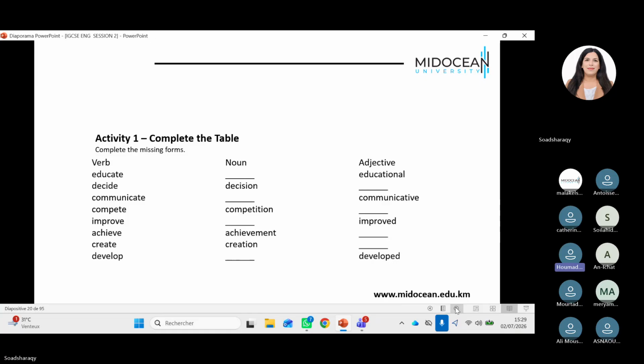Improve. The verb is to improve. Give me the noun. The noun is improvision. Oh, improvement. Okay, improvement. Good. And the adjective is improved.